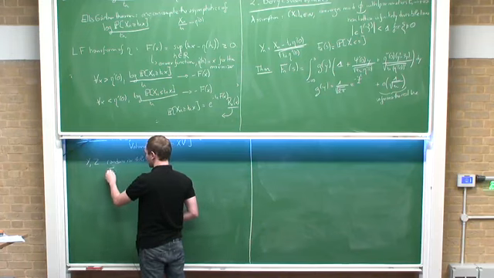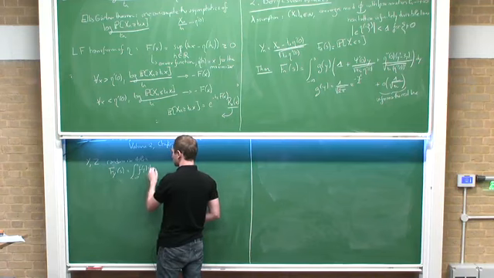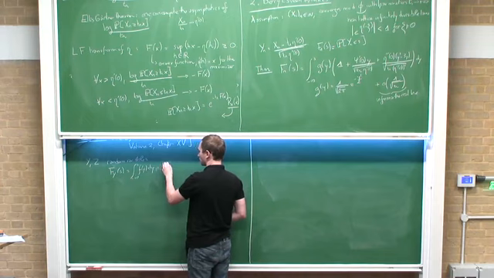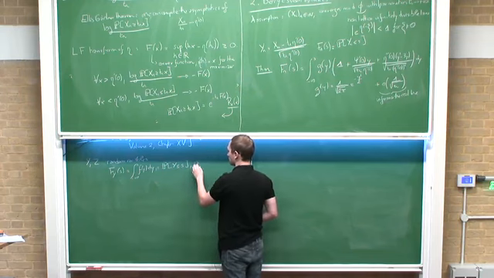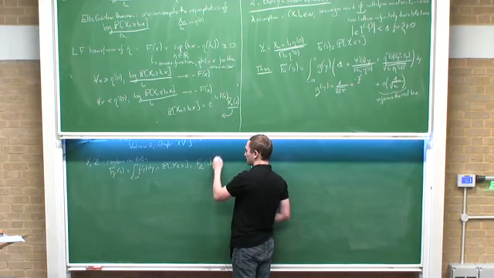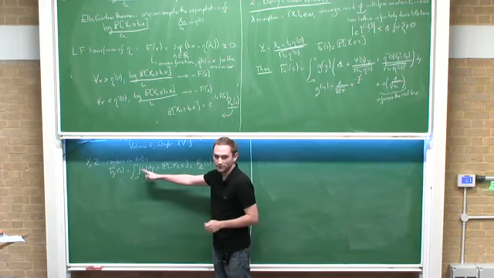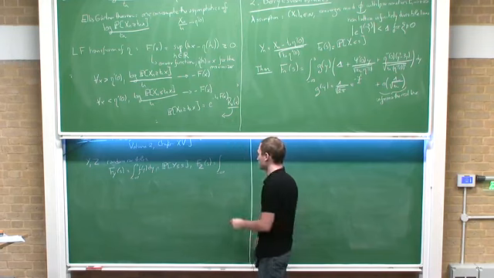So F_Y of s, which I write as an integral. So this is the probability that Y is smaller than s. And similarly, the cumulative distribution function of Z, I write it as an integral. So here f_Y can be a function, it can even be a distribution. It's just a notation if you want.